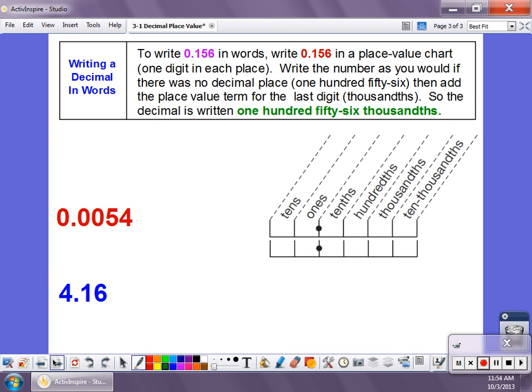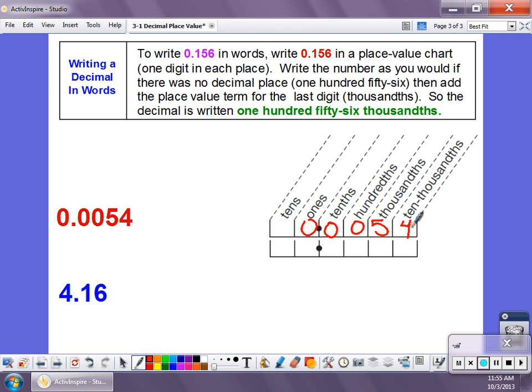So, last thing, how would we take a decimal like this and turn it into words? Okay? So I know when I look at this, if I write it in my place value chart, so I have 0.0054.